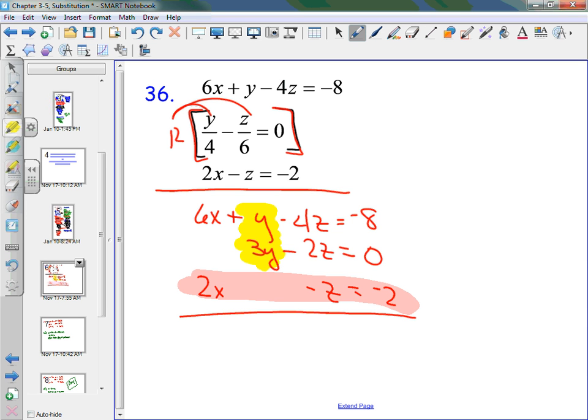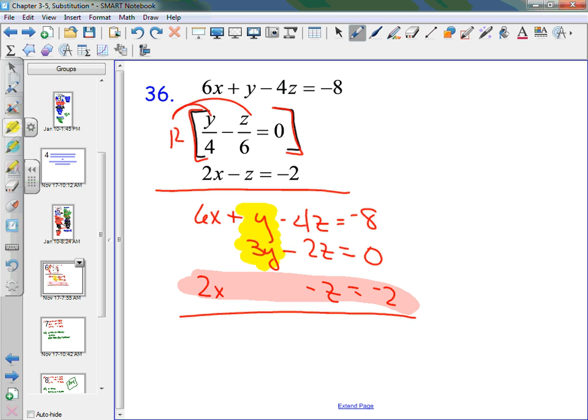Right? So if I solve this thing for y, what do I get rid of? The 6x and the 4z. Okay, that's gone. The z's are gone, so I have y is equal to negative 8 minus 6x plus 4z.